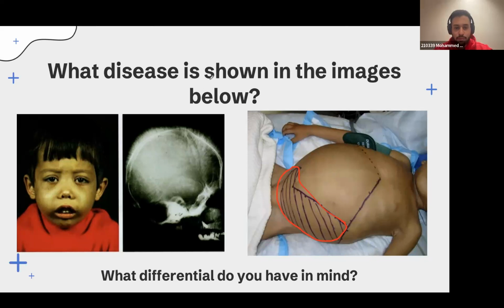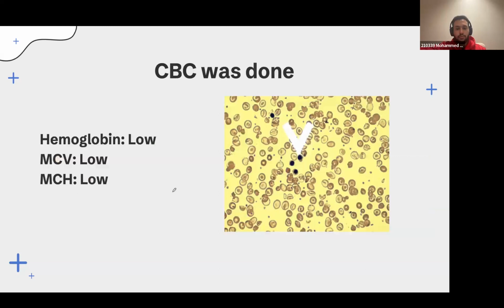Perfect. Now, CBC was done. Can you tell me what we see in the peripheral blood smear? Can you tell me what the arrow is pointing at? And then, perfect.